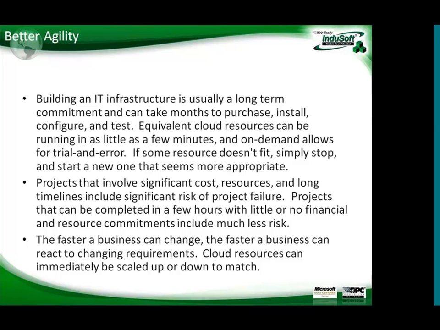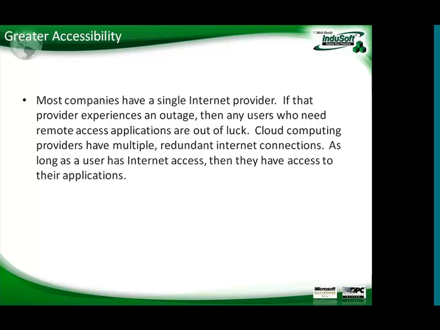Accessibility. Many customers out there have very large IT organizations and very good internet access. There are a lot of companies out there who are smaller and don't have redundant internet connections and redundant power connections. Using cloud applications, you get the benefit of the cloud provider. Cloud providers are going to have redundant power. They're going to have redundant servers.